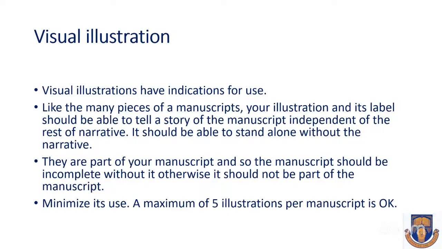If it's not there, your work is incomplete. You cannot understand the work without that. So if that is not the case, then you don't need that visual illustration. If your work can still go ahead and everybody can still understand it without those visual illustrations, then that visual illustration is not necessary. Okay, so it's a vital part of the manuscript, which should be there if and only if it is absolutely necessary to aid our understanding of that work.